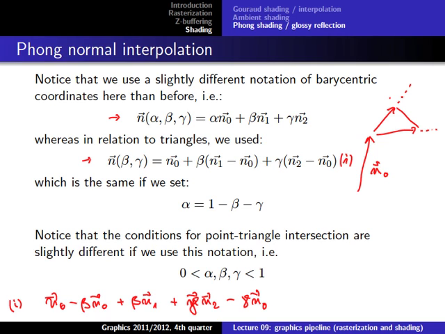So you see here, if you group now the n0s, and then you get 1 minus beta minus gamma, which you just have to set as your alpha, and then you see that these two representations are exactly the same. That also changes, of course, the condition we have for the triangle intersection, but most importantly, that makes it much more intuitively understandable that this is actually an interpolation between the three normals that we have.